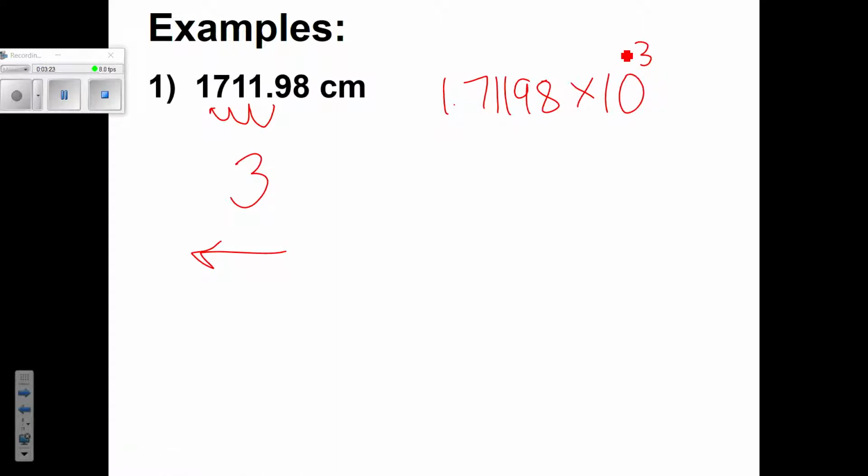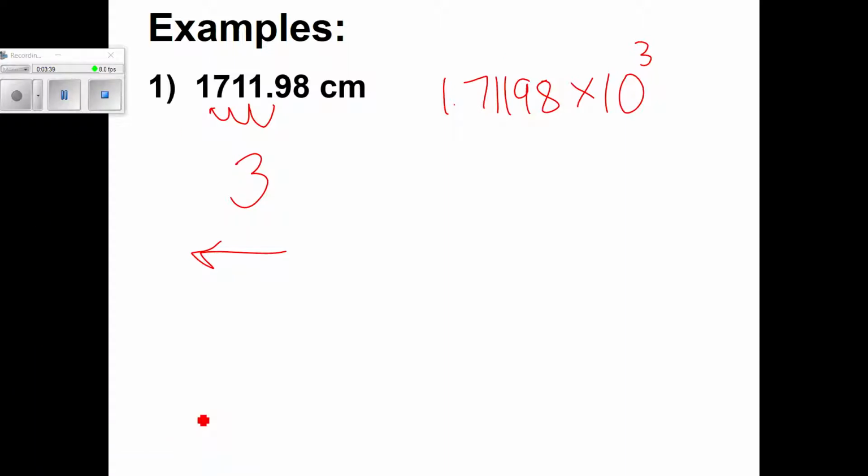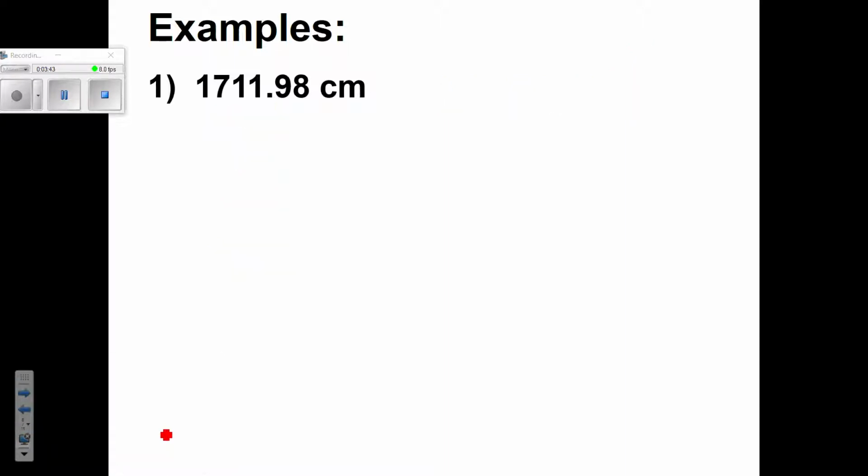Now, most of the time, for my sake, on my quiz, I might say, hey, you can round to the second decimal place, and then you can leave off the rest of that. You can make it 1.71 times 10 to the 3rd power. So scientific notation, basically it's used because we're trying to represent either extremely large or extremely small numbers in an easier format.